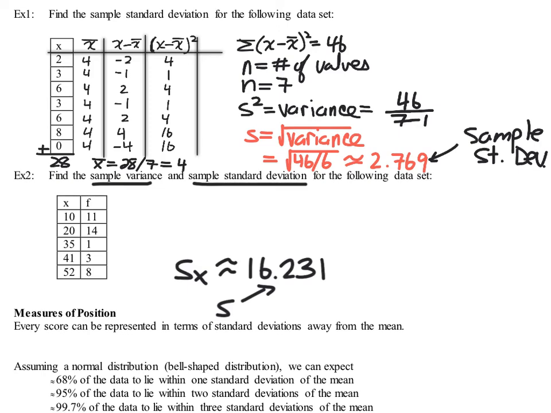You have to square the more exact value, which means you need this whole shebang here. I'll show you two ways to do it. One way is easier than the other.